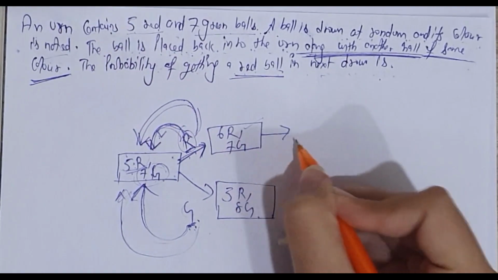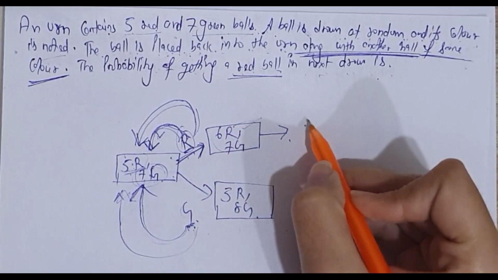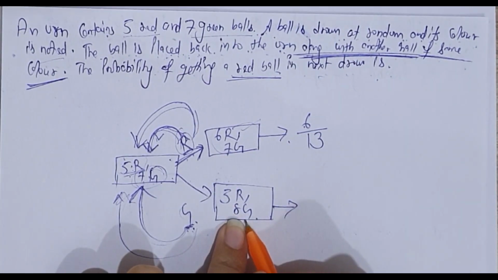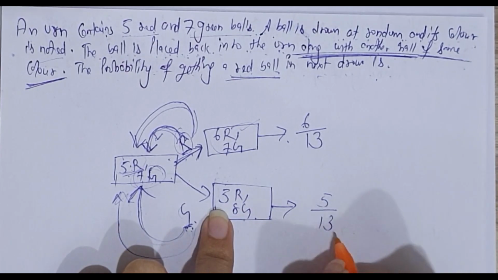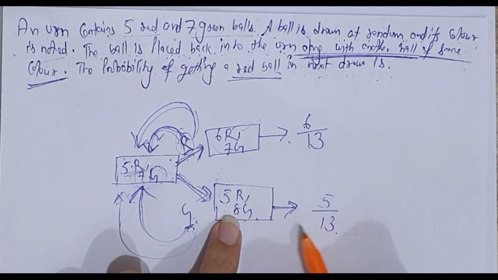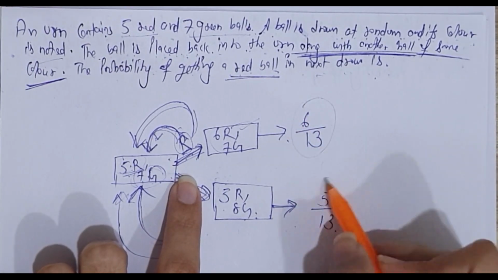This time we will draw a red ball, that is 6 by 13. And here the probability that we draw red color is 5 by 13. If we draw green color first, then in the second draw we can't draw red with the same counts. This is the probability of the second case.